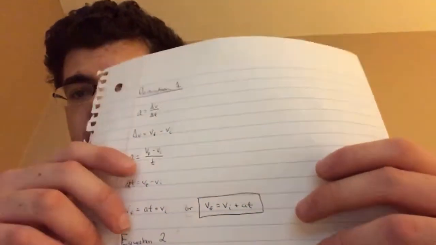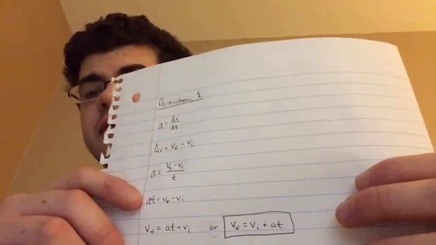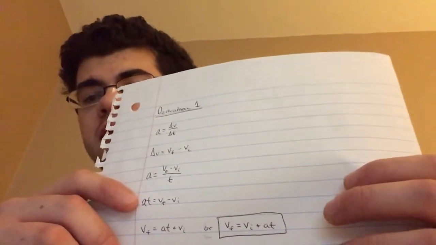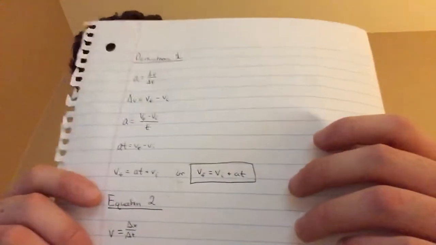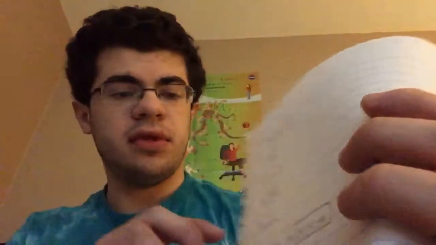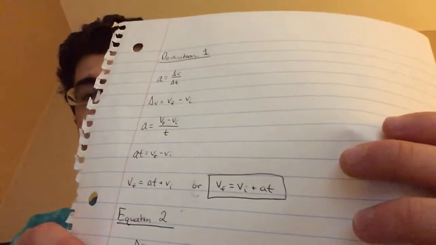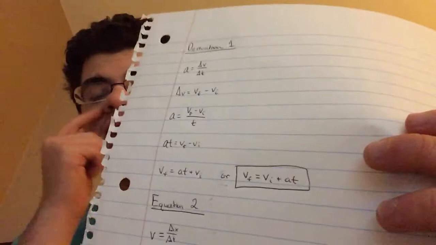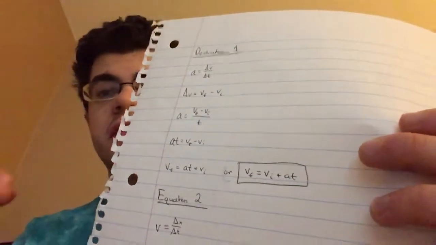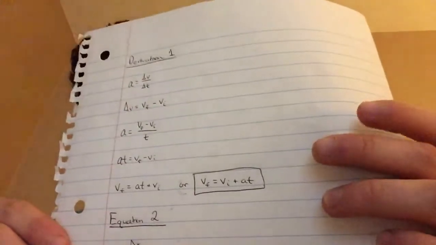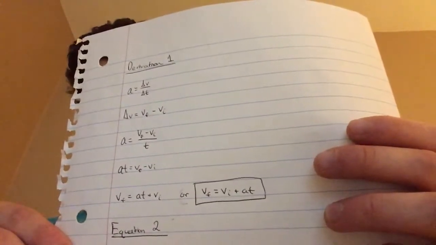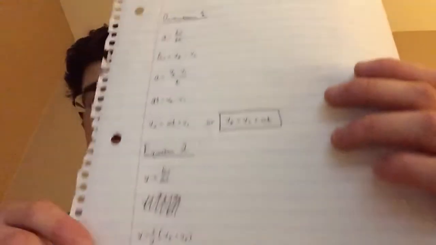Once you do that, you have vf minus vi equals at. Then you move vi to the other side, and you get v final equals v initial plus acceleration times time, and that will give you velocity. Okay, so that's our first derivation. Take some time, copy it down, pause the video if you need, and on to the next one.